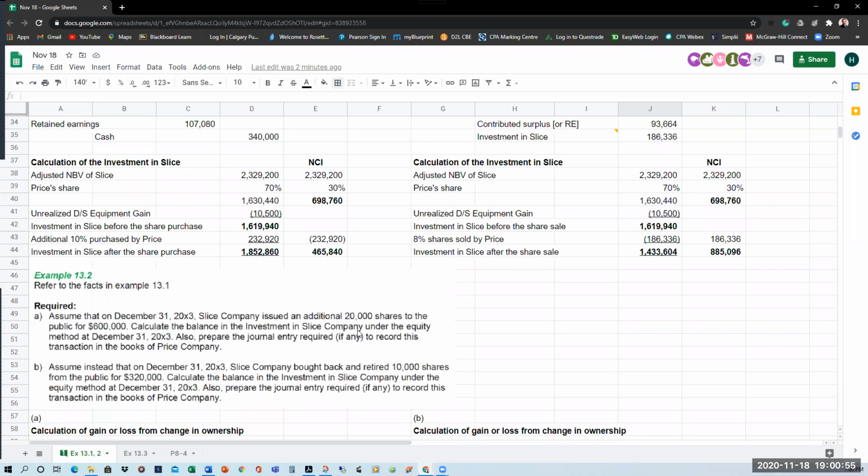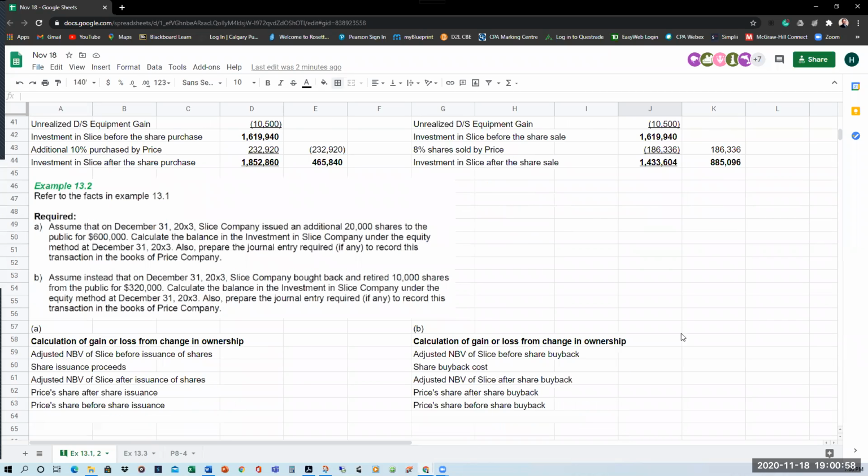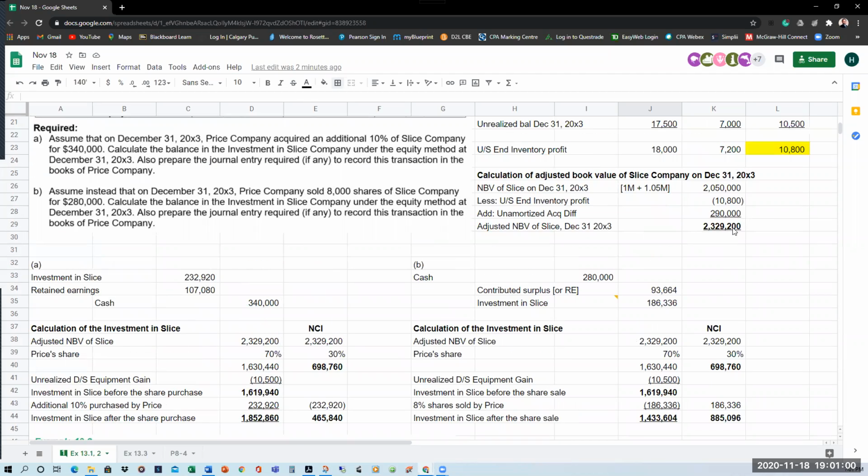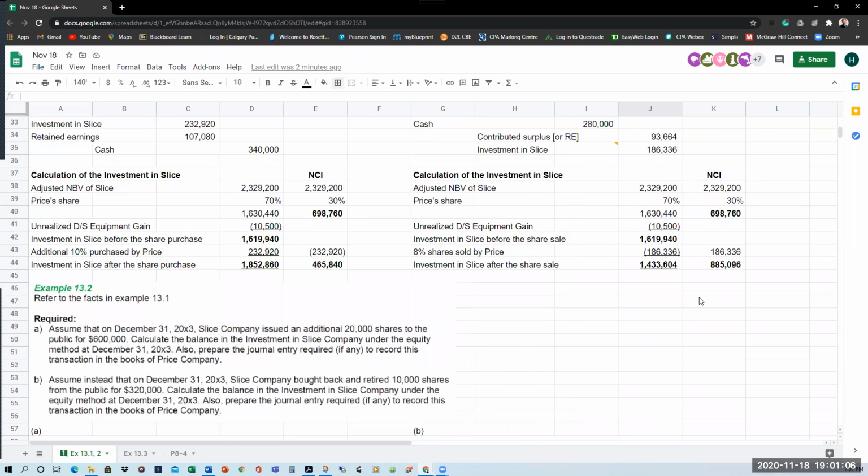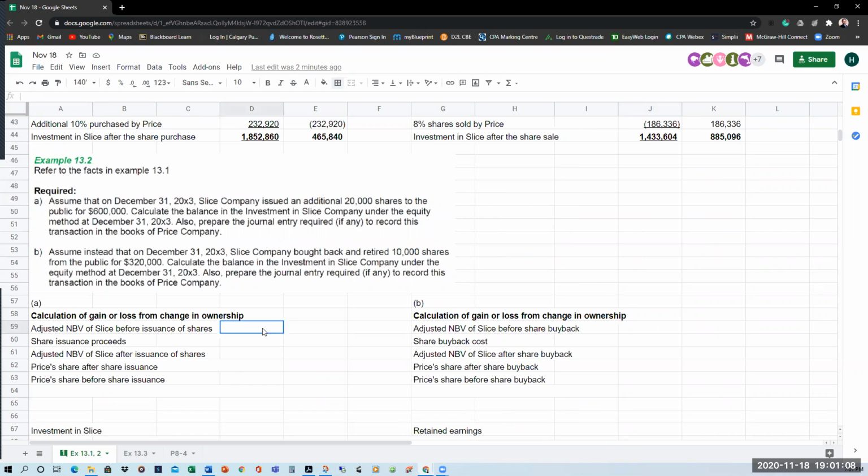This is an interesting little piece. The adjusted book value for Slice, our starting point, is 2,329,200 before it issued any extra shares. Now, if Slice Company issues an extra 20,000 shares for $600,000, think about the journal entry: debit cash, credit common shares.